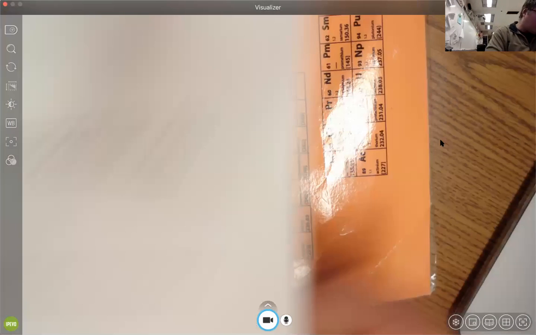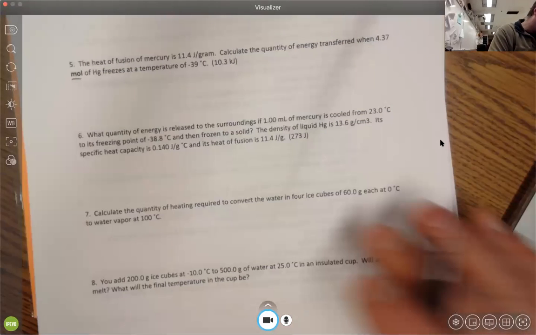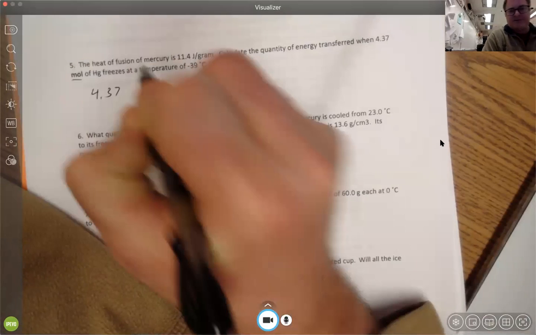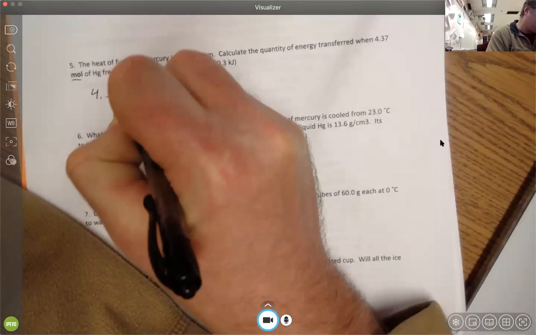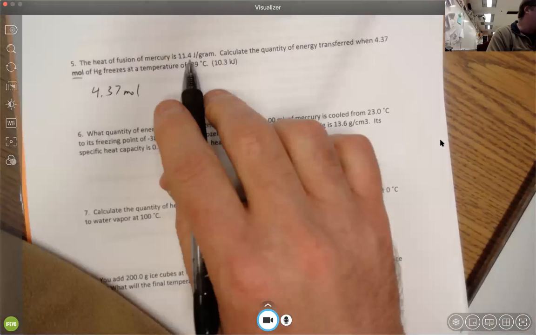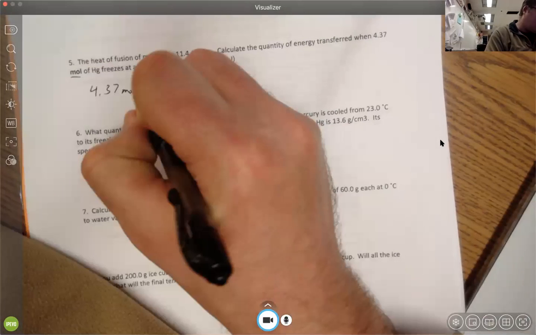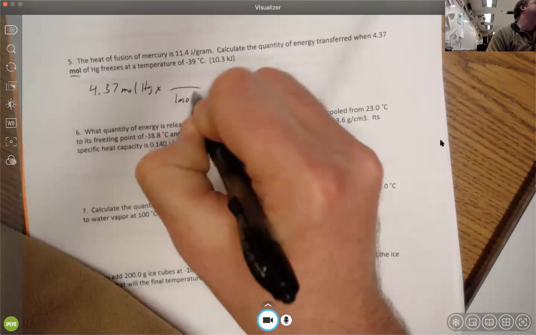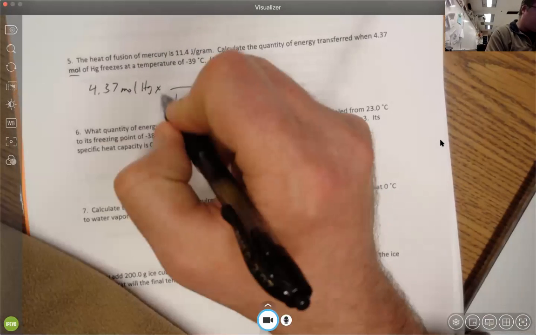So if we take a look, 4.37 moles. If our heat of fusion is in grams, we need to change from moles of mercury to grams of mercury. Periodic table, every 1 mole of mercury is 200.59 grams.